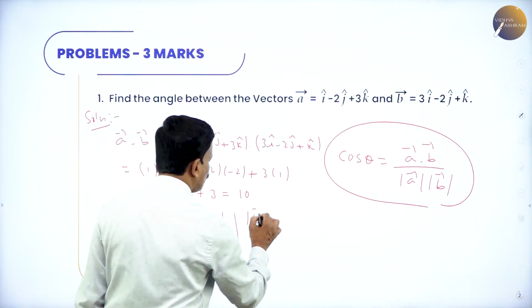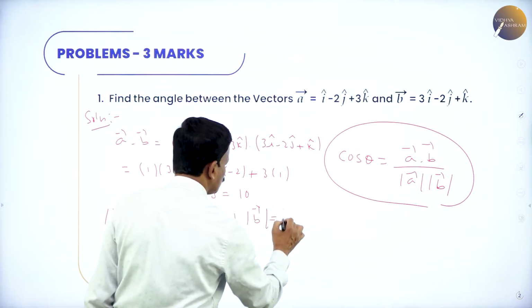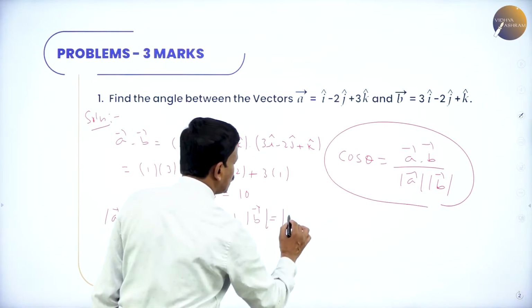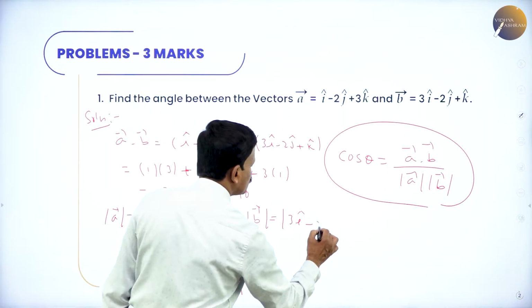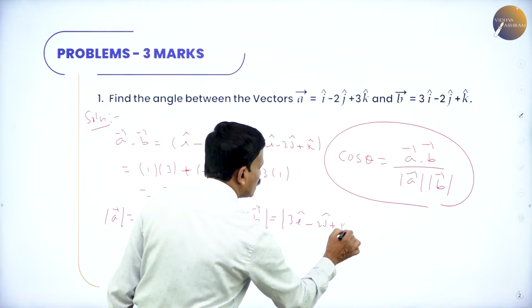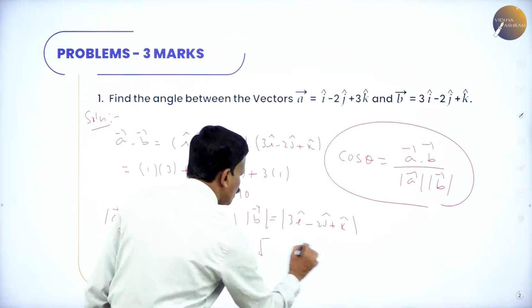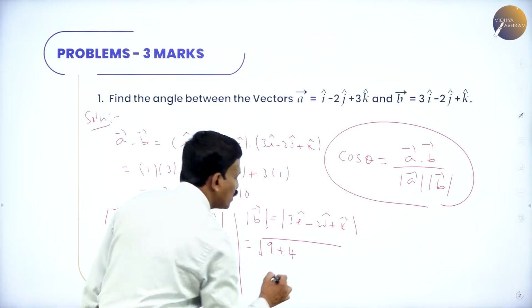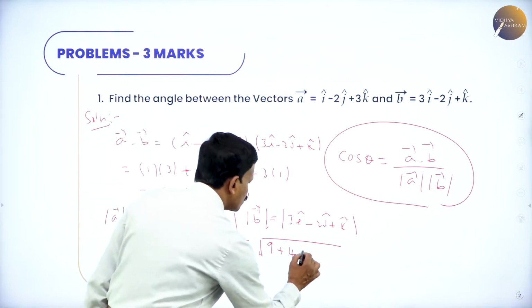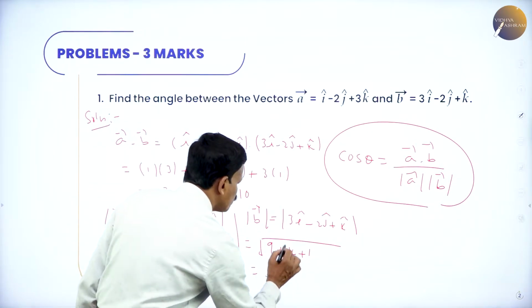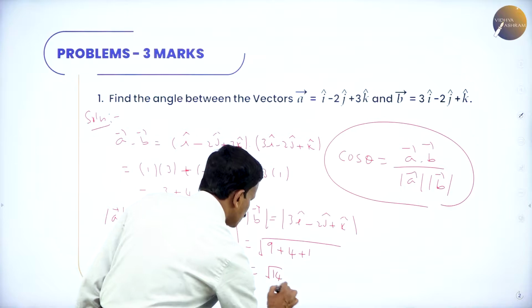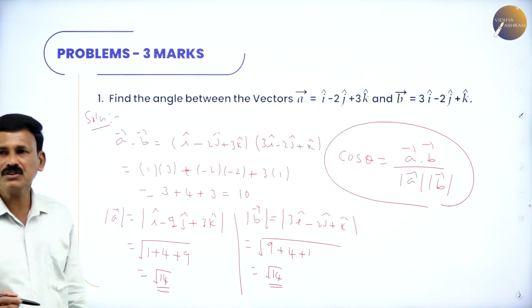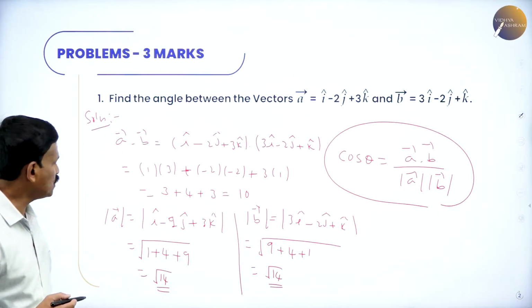Similarly, the magnitude of vector B, 3i minus 2j plus k, is square root of 9 plus 4 plus 1, which is also root 14. Length of A is root 14, length of B is also root 14.